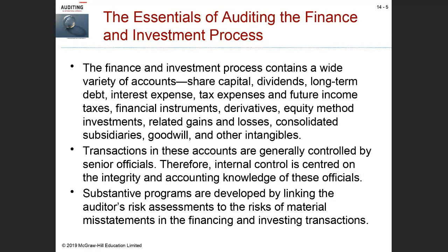And those transactions are performed by people generally at lower levels in the organization. Because of the amounts involved, typically, these transactions, as the PowerPoint just said, are normally conducted by the most senior officers in the company. So typically the CFO, the COO, the CEO are involved in these transactions.